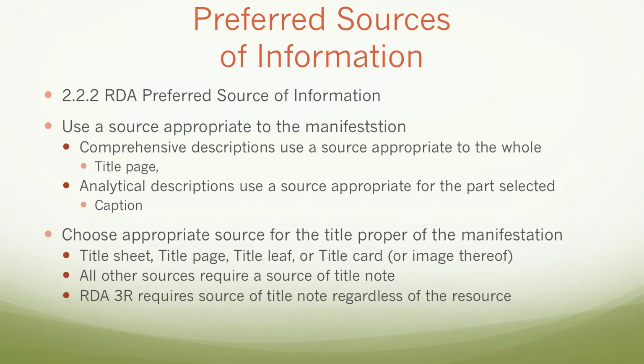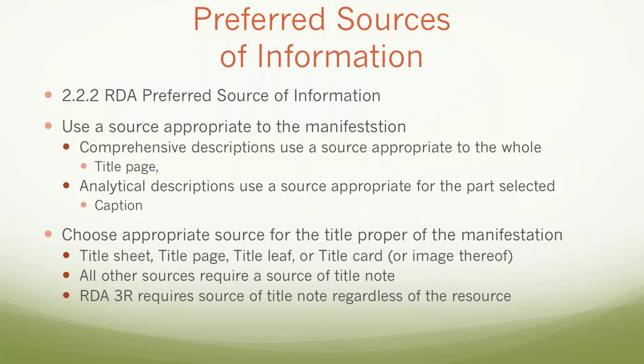So an example would be the title page of a book for a comprehensive description, or if you are cataloging an art original, maybe there's a plate that has been affixed to the frame, or information that has been written on a sticker or something that is pasted to the back of the frame itself. For an analytical description, there may be a caption under the image that you are cataloging. So these are the appropriate places that you want to look for.